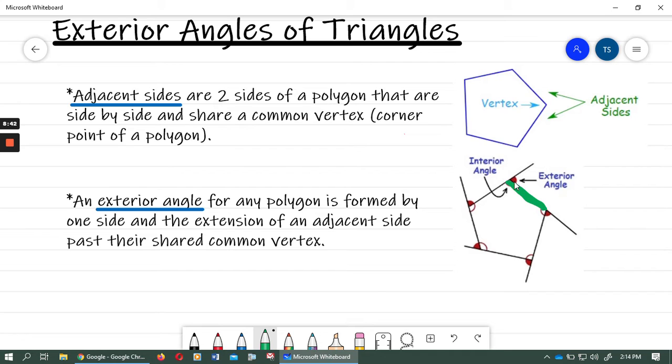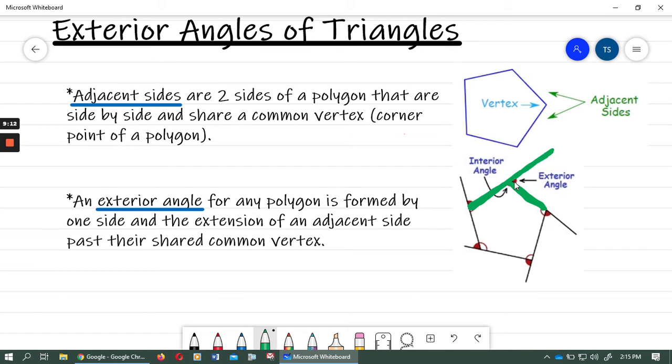All right. So it's formed by one side and the extension of an adjacent side. So you see here, I'm going to an adjacent side. So this is an adjacent side, and I'm extending out this adjacent side. Do you see how I'm extending that out?